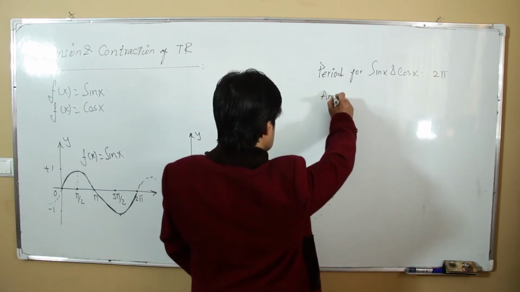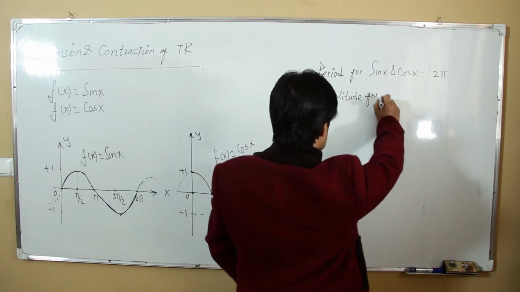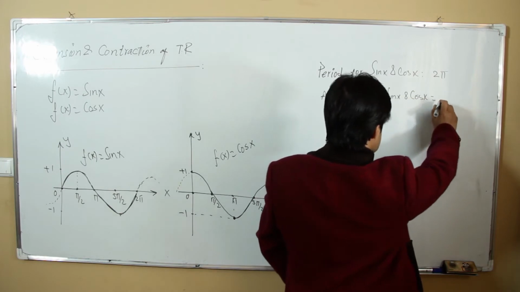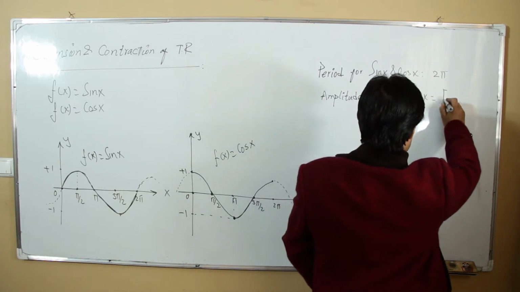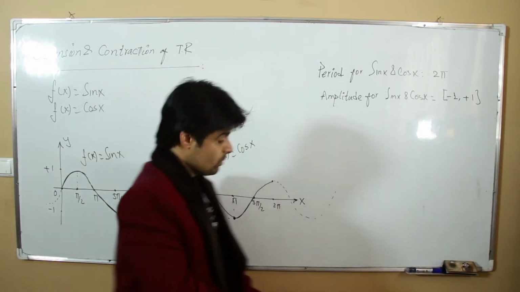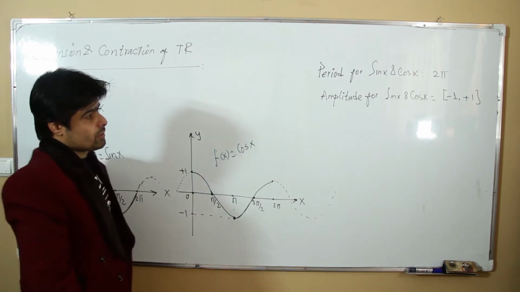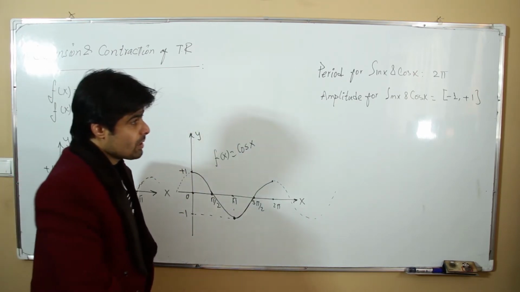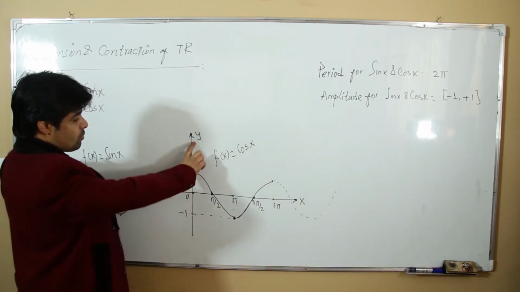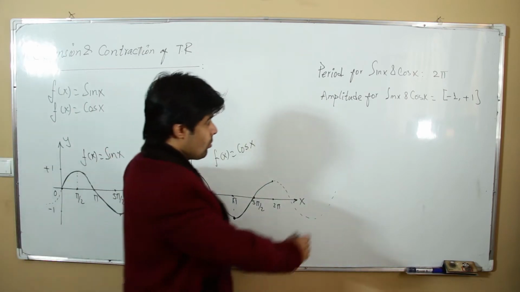The amplitude for sin x and cos x is from -1 up to positive 1. And one more thing you have to know: the range for this one is also from -1 up to positive 1. This is our range or codomain.